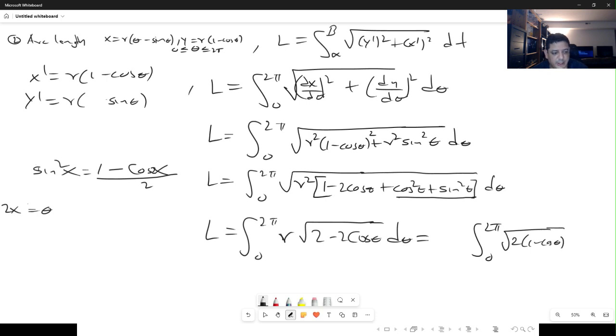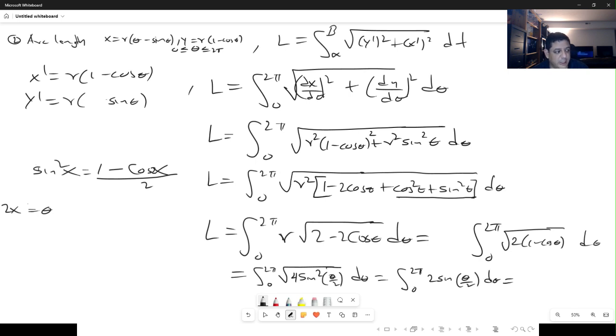And so in that way, I can just transform this to the square root of 4 sine squared of theta half. And now I can take a square root of this, and this is 0 to 2 pi, 2 sine of theta half, d theta.